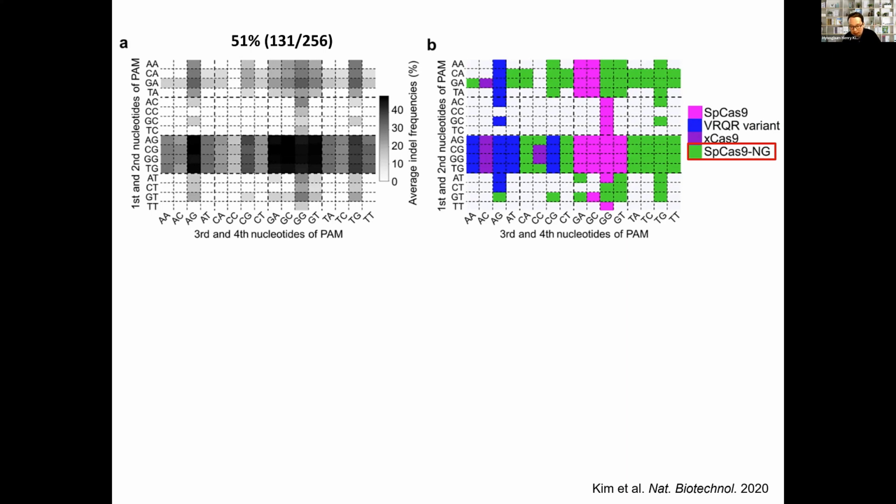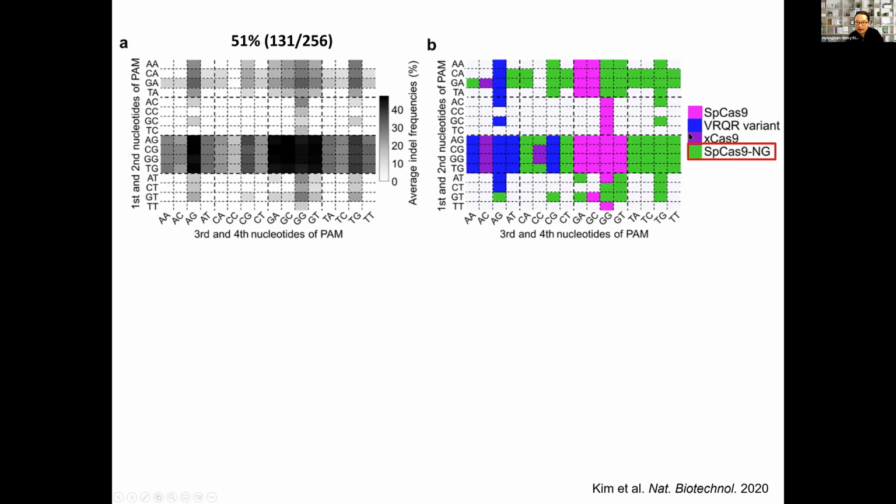Only 1 out of 16 or 1 out of 8 cases can you use it. To overcome this limitation, scientists in this field have generated many different variants of SpCas9, which include the VRQR variants, xCas9, and SpCas9-NG.